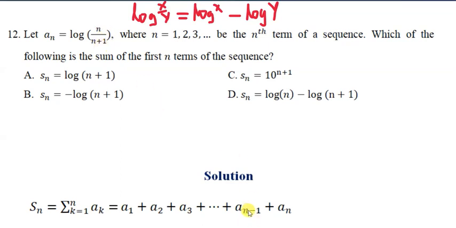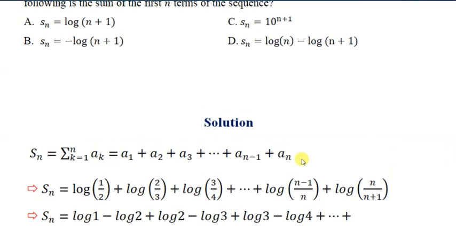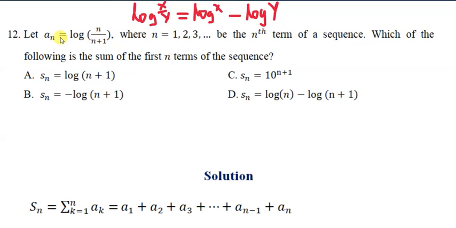When our k is equal to n minus 1, then an minus 1 becomes logarithm of n minus 1 over n minus 1 plus 1, which is simply n minus 1 over n, plus logarithm of an, which is exactly equal to the nth term given here.